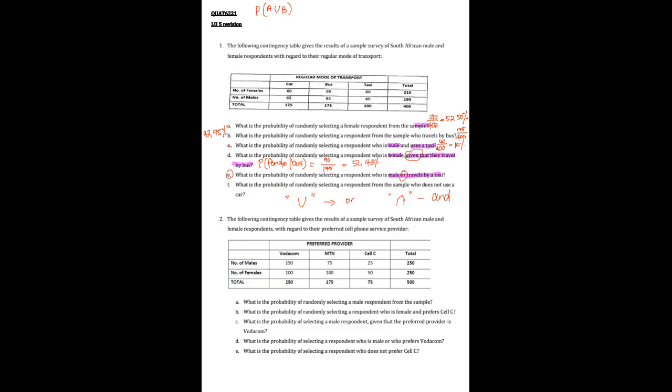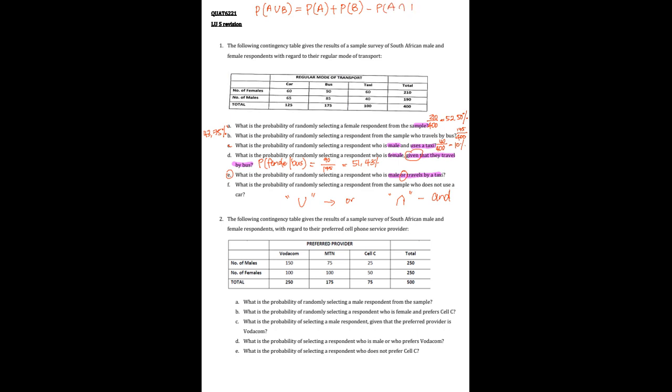Okay, so back to this question, the formula at the top: when you want to calculate the probability of A or B, it's the probability of A individually plus the probability of B individually minus the probability of A and B.